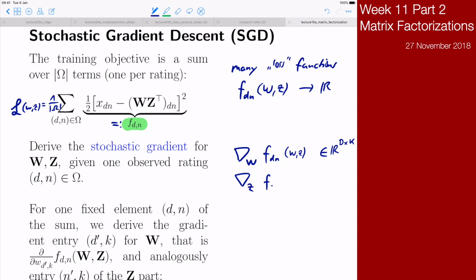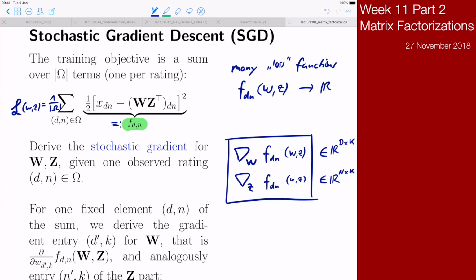So the Z gradient of the same function. What is this? Well, it has a dimension of z_n times k. That's what we want to compute.